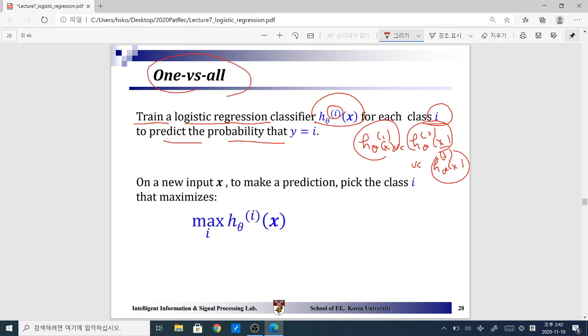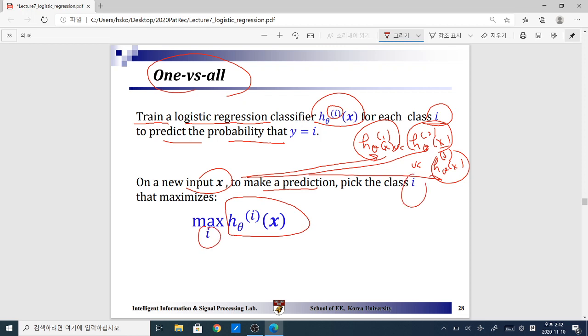Training 1 versus all. And so with that, what you do is inject a new input x into each of these and compare, okay? So you make a prediction, and the one that has the maximum value of the prediction or the probability is then the class i, okay?